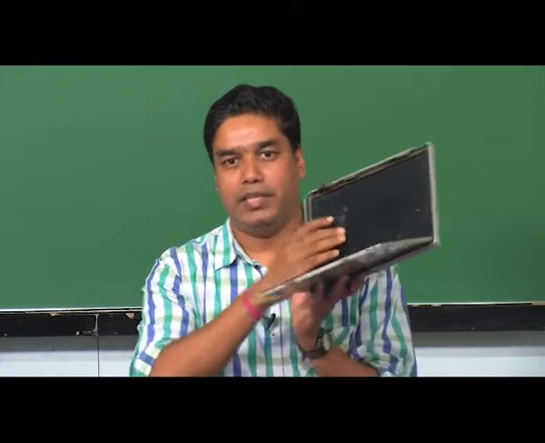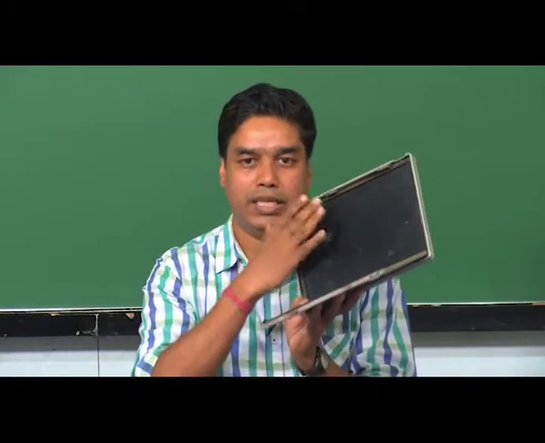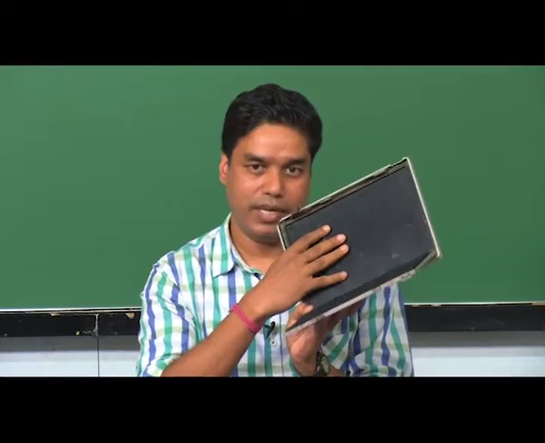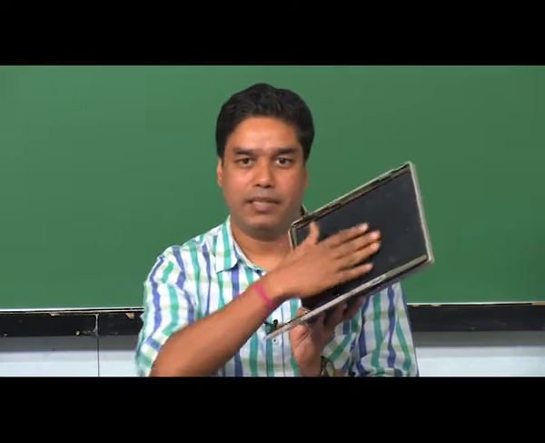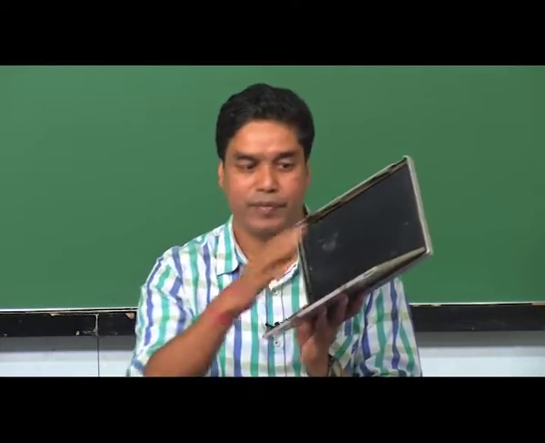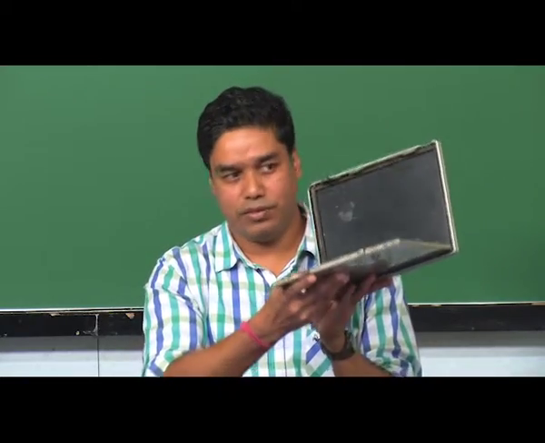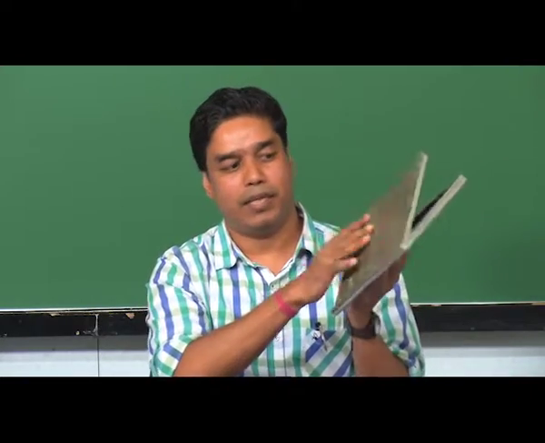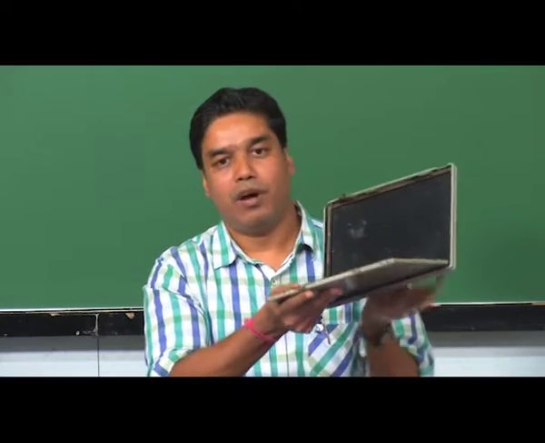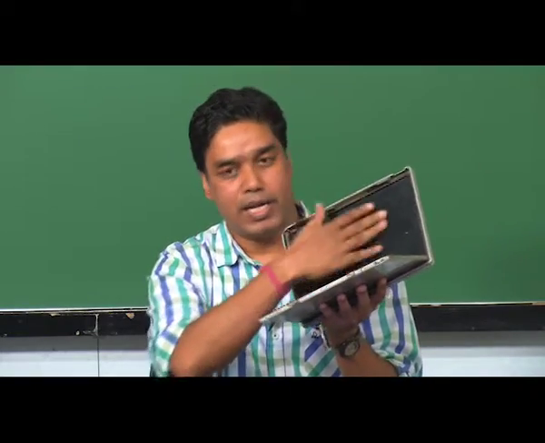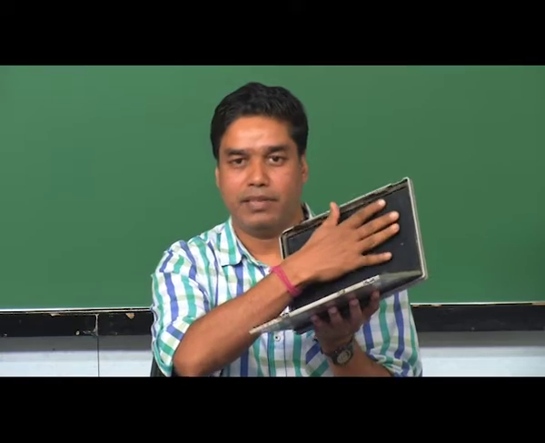Here you do not really see anything externally, but this still has an intensifying screen inbuilt inside this chamber. It has two walls, as you could see, the top one and the bottom one. In the top one, inside this black layer, the intensifying screen is inbuilt.